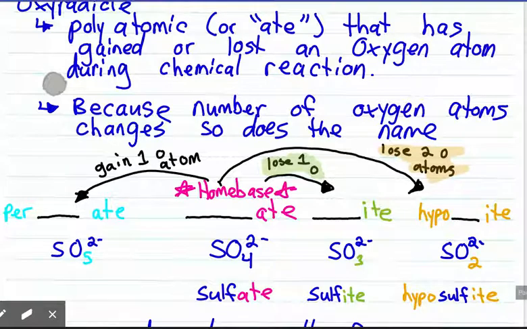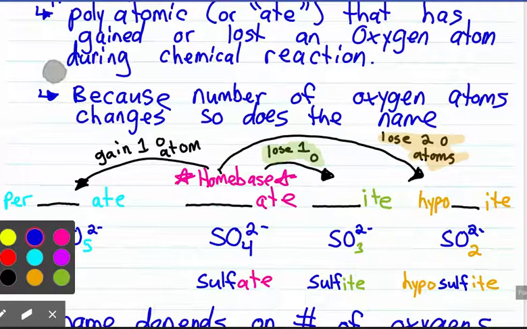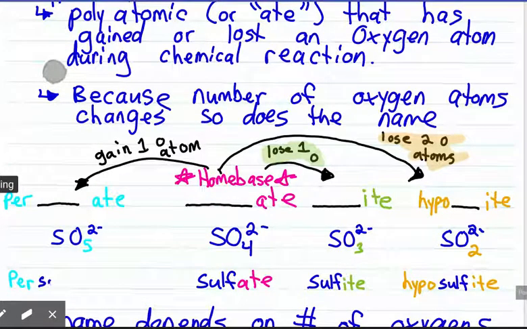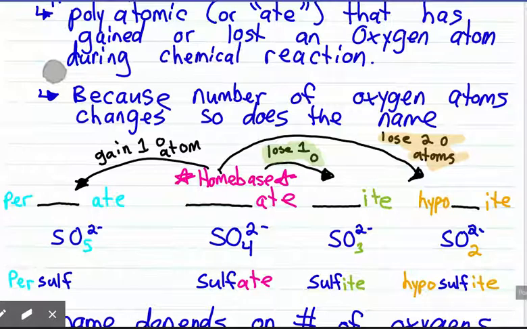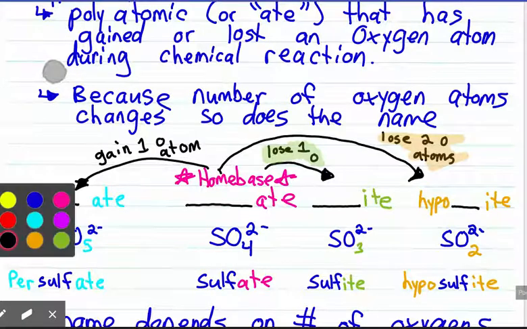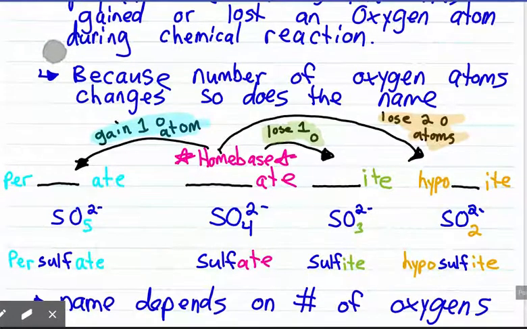So this ion is a persulfate ion. The persulfate naming, with a prefix and a suffix, is whenever a polyatomic ion, an -ate, has gained an oxygen atom.